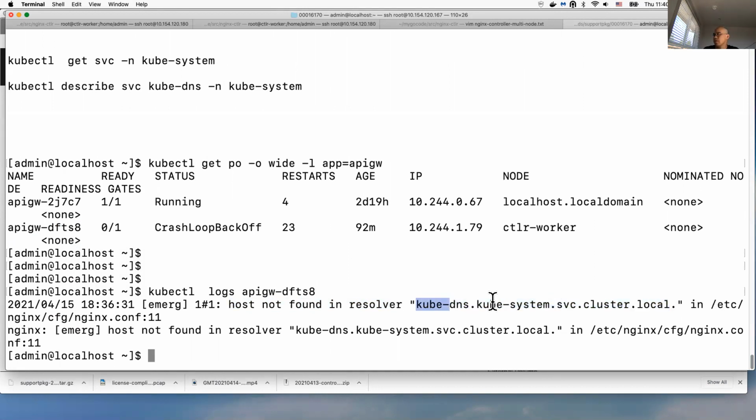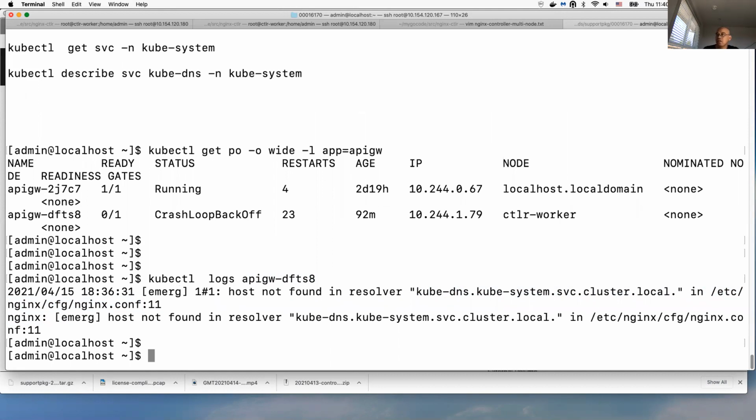This resolver is configured in the nginx.conf file in the API gateway pod. By the way, the API gateway pod runs an nginx instance, and it serves as a gateway to other nginx controller pod services.